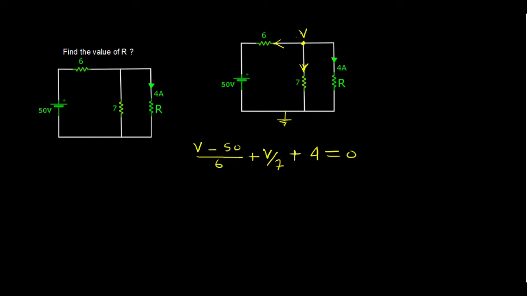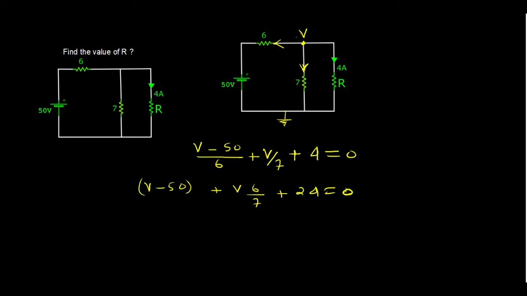If we simplify this, I'll multiply the whole equation by 6. So we'll get V minus 50 plus V upon 6 by 7, plus 4 times 6 is 24, equals 0.